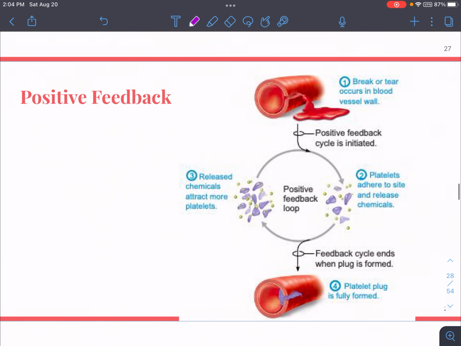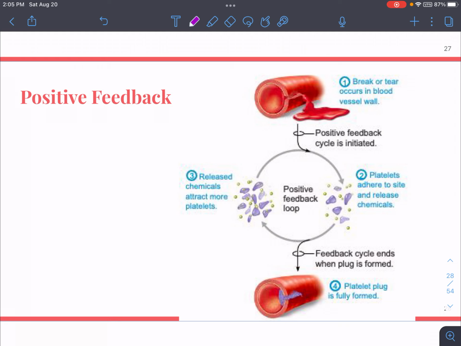So let's look at this example again. Here's another example of positive feedback in the cardiovascular system. So you get a tear in the wall of a blood vessel. A good example is when you go get blood work done or go donate blood, they're sticking a needle into that blood vessel. So that's causing a hole or a break in that blood vessel.